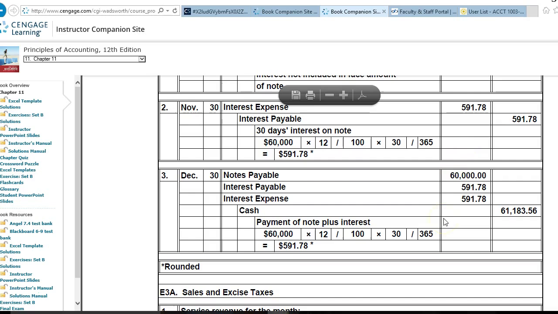And then we also accrued, showed the interest that was accrued this period of this month, $591.78. And the total is the $61,183.56. Does that make sense? How you guys doing with that? Yes? No?